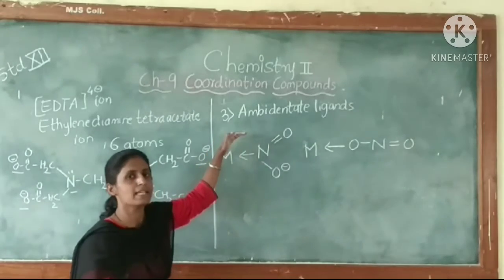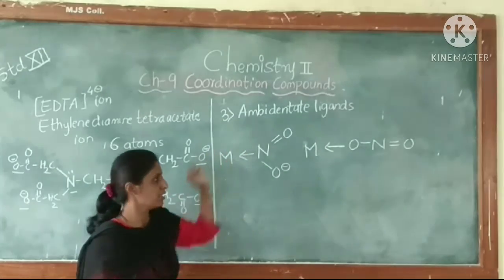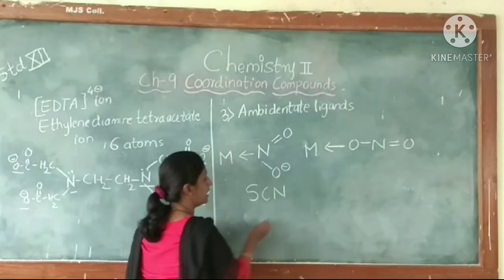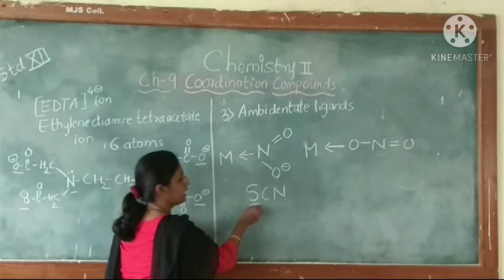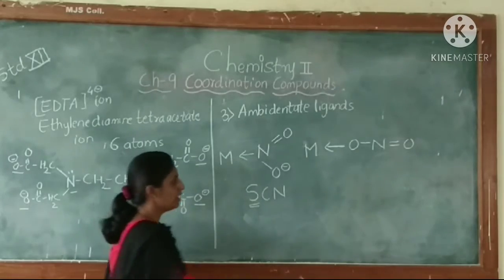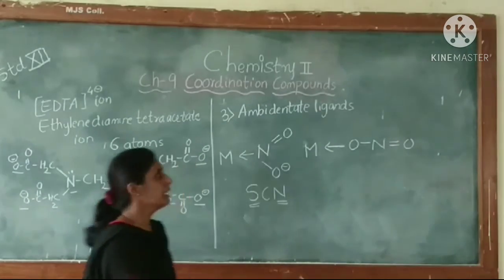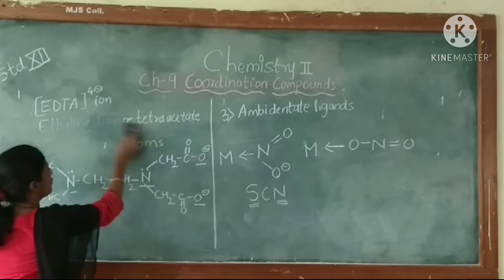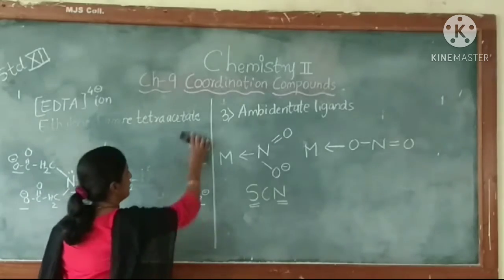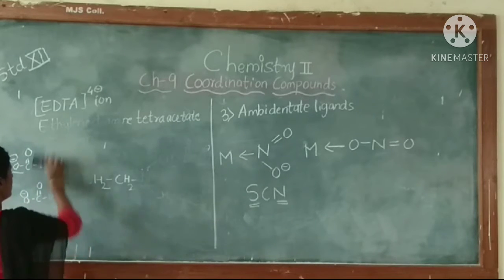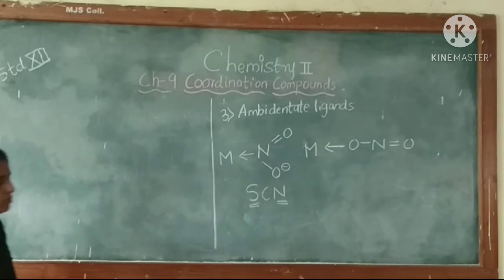So these are called ambidentate ligands. One more example of an ambidentate ligand is thiocyanate, in which the ligand can attach through sulfur and also through nitrogen. Okay, let's move forward to the next topic, that is the terms used in coordination chemistry.